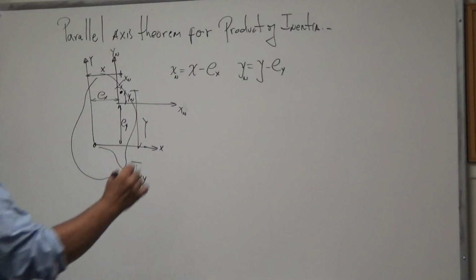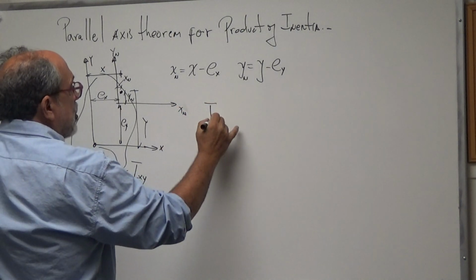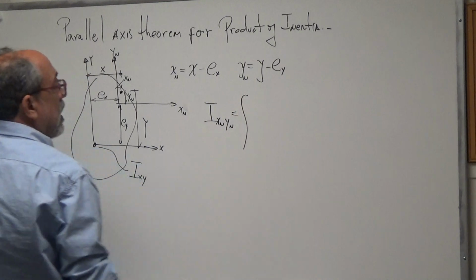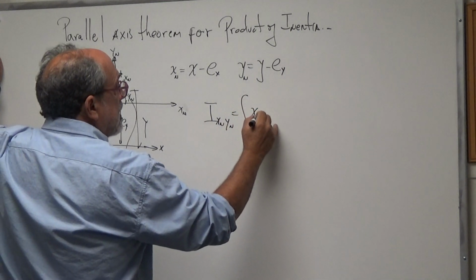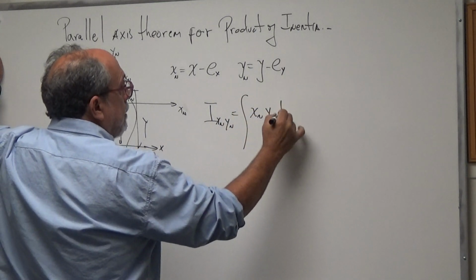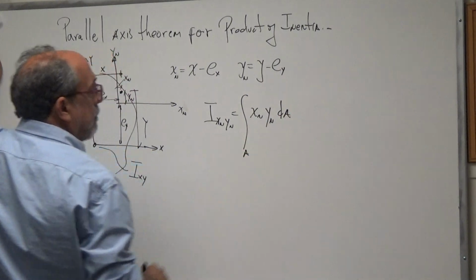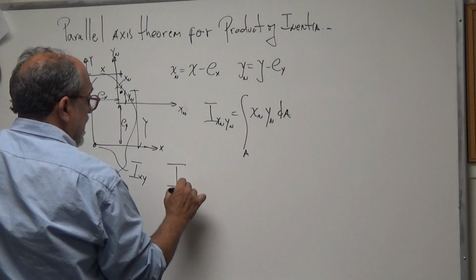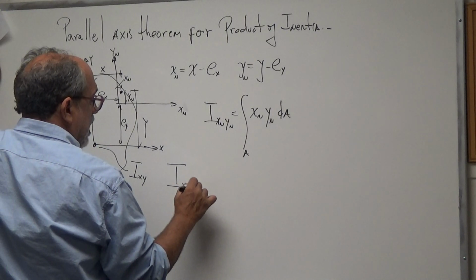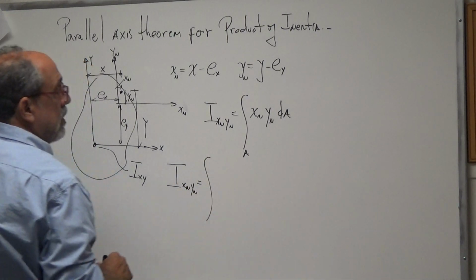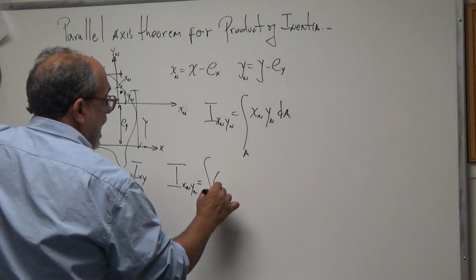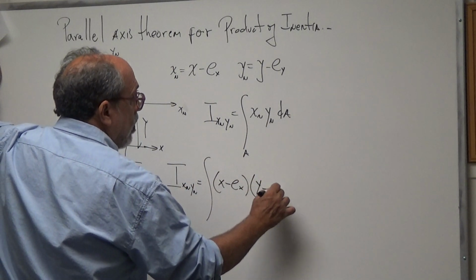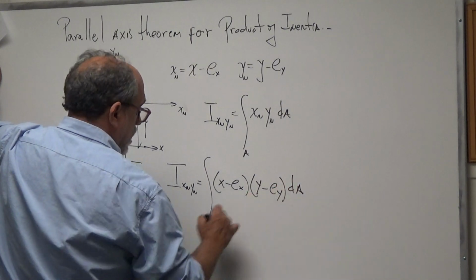So, if we write the formula for the product of inertia, x nu, y nu, it would just be the integral of x nu y nu dA over the area. So substituting these things, we have that Ix nu y nu is equal to the integral of x minus ex times y minus ey dA over the area.